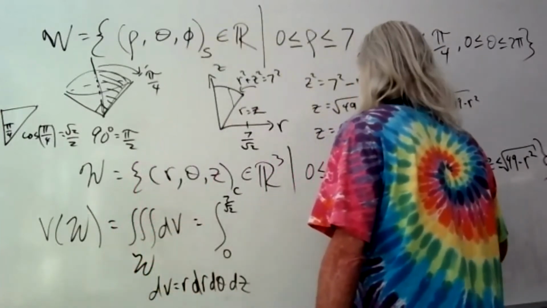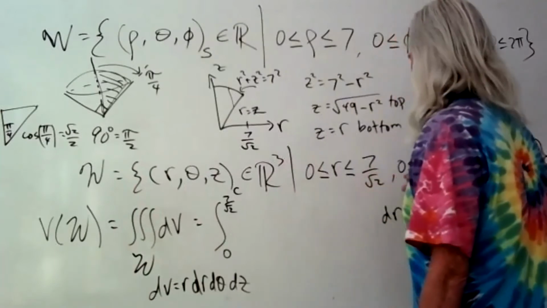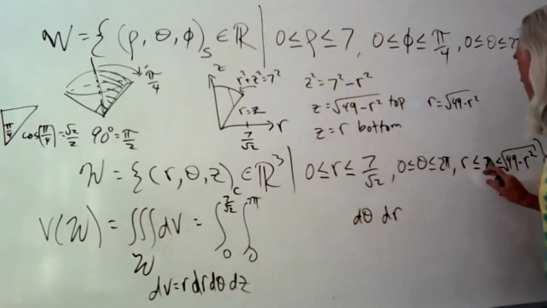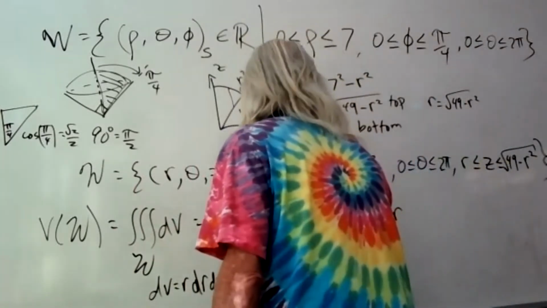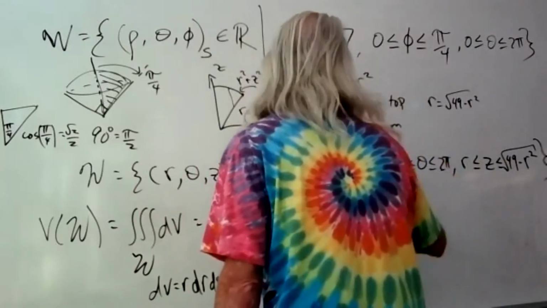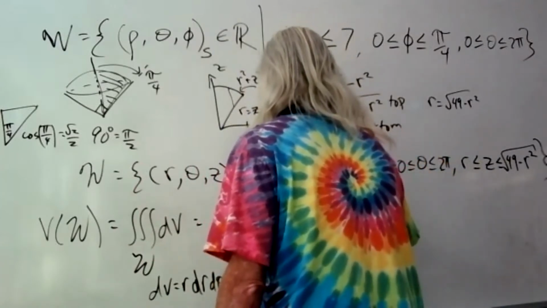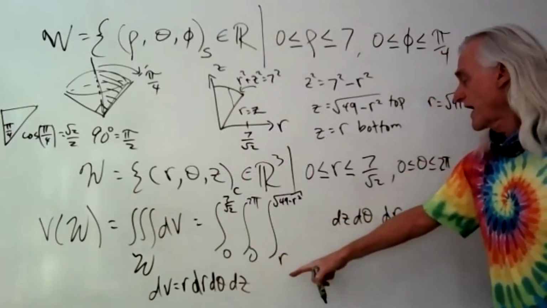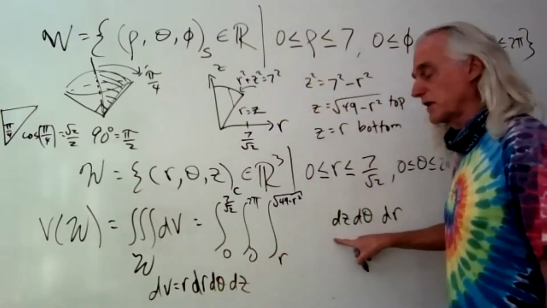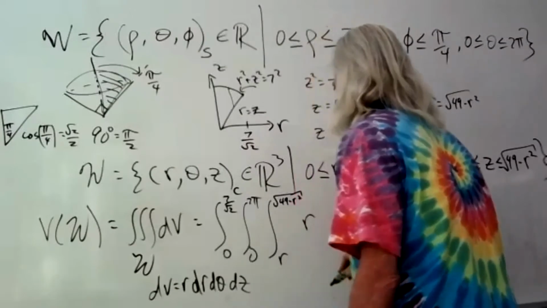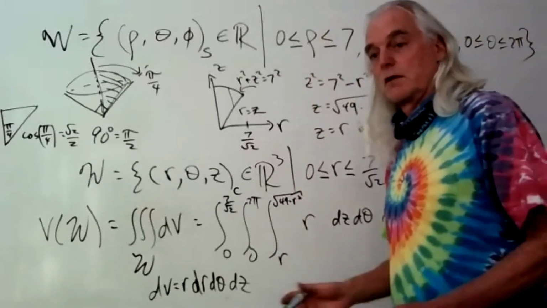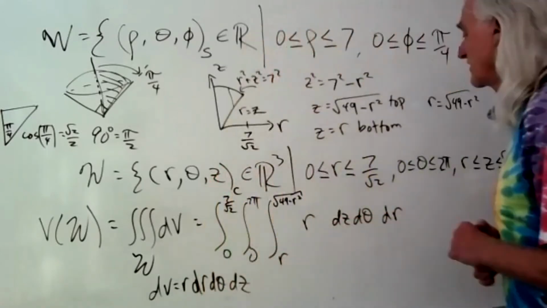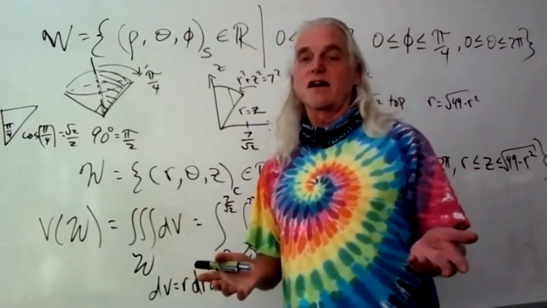Theta goes from 0 to 2 pi. And z goes from r to square root of 49 minus r squared. But I have to plug back in to turn this into the volume element, so I've got to make sure I put in the r.